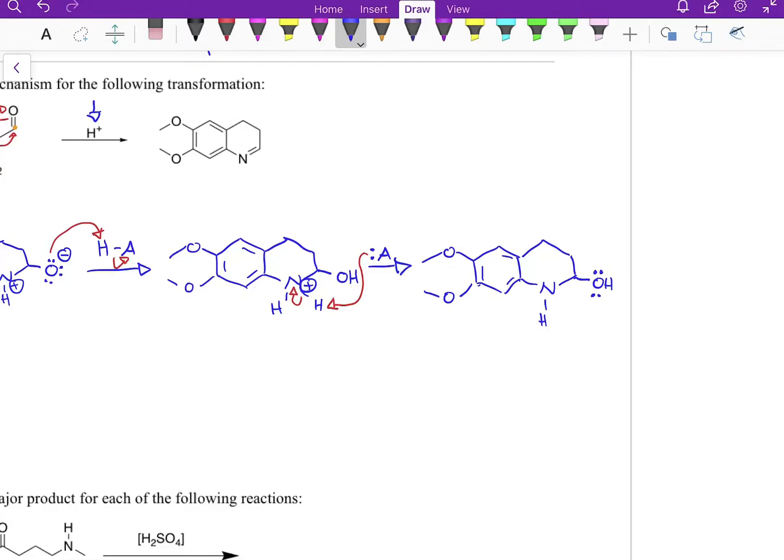And you need to draw in your lone pairs for the oxygen, because even though it is all neutralized, that is going to protonate.